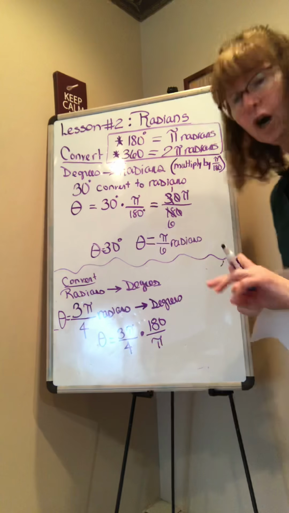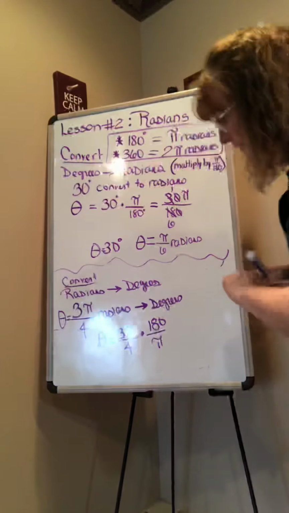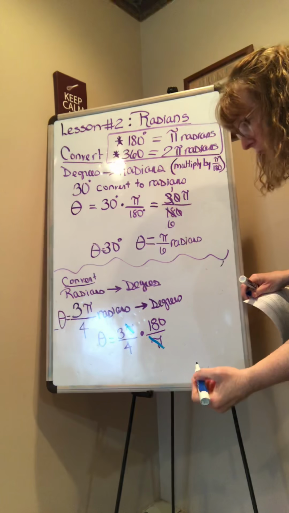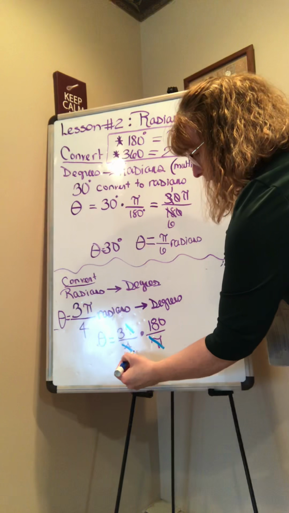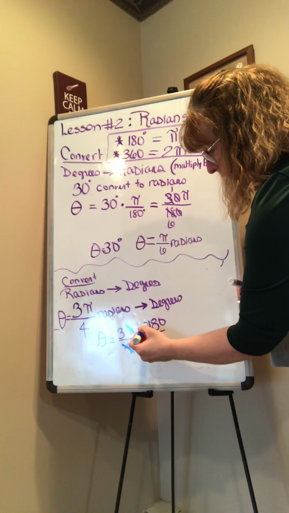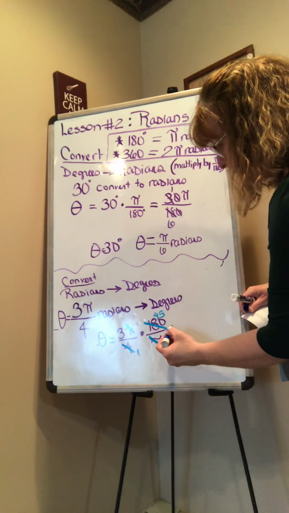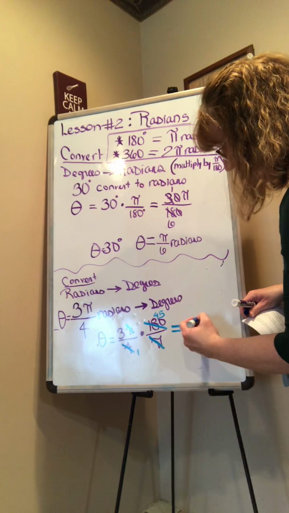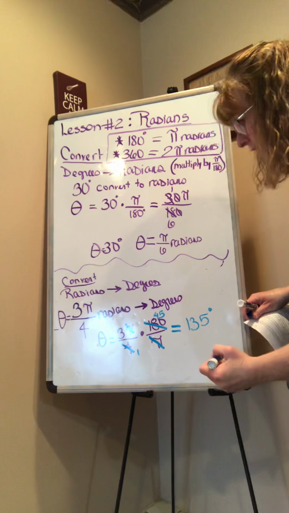Here I'm actually going to reduce on the diagonal just because I think it helps somewhat. You see that the pi cancels right away. And then 4 goes into 180 45 times. So I end up with 3 times 45, 135 degrees.